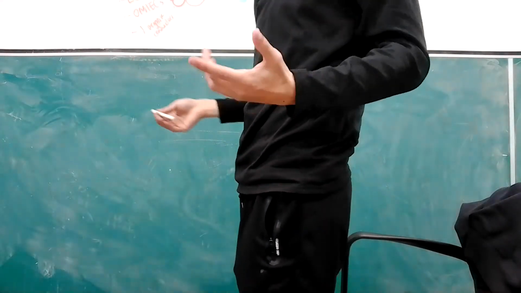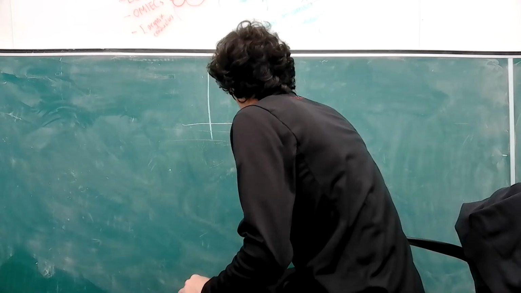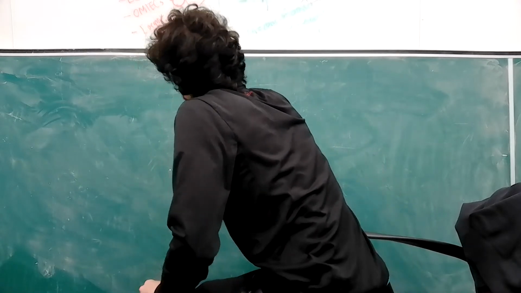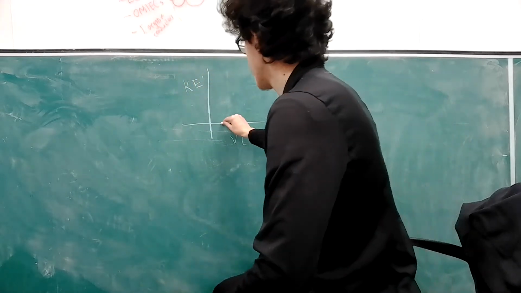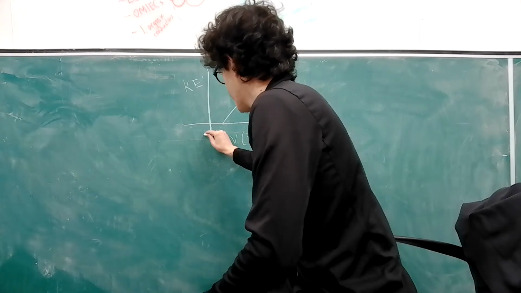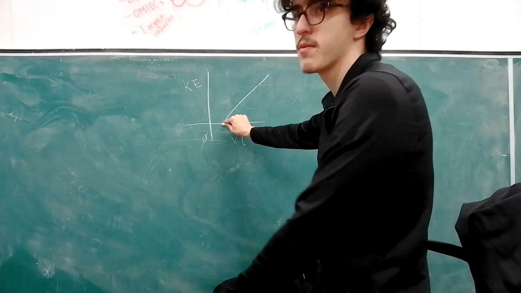So the classic plot for the photoelectric effect, you basically plot frequency and the KE of your ejected photoelectrons. So you get something like this, right? So you have your work function here, and then you have your threshold frequency.